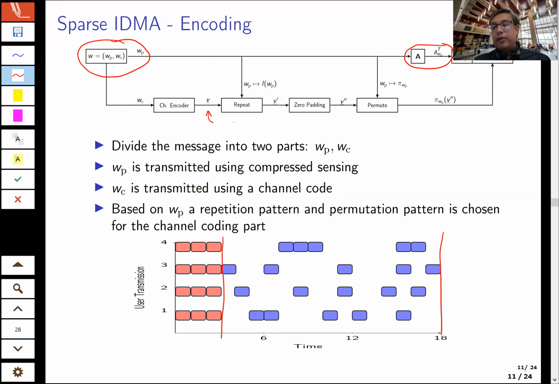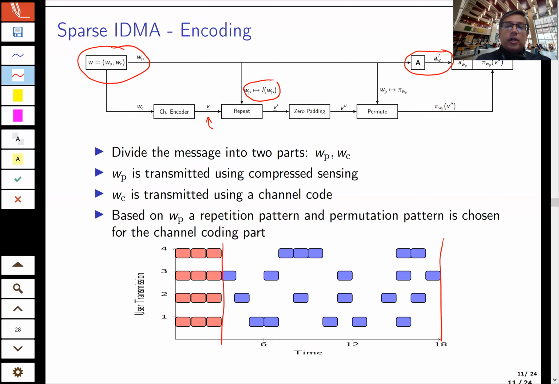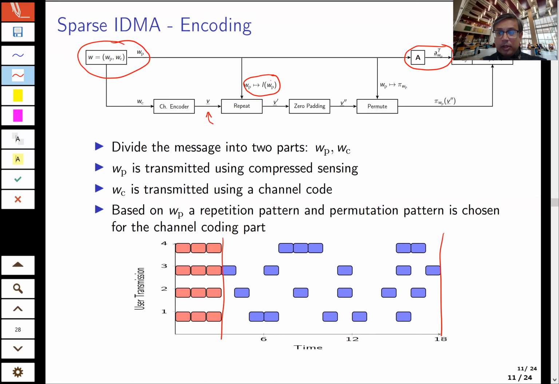Okay, actually you can think of it as repeating the entire codeword also. We repeat it by a function that depends on the preamble part of the message. But then we permute the coded bits throughout the entire frame that's available.